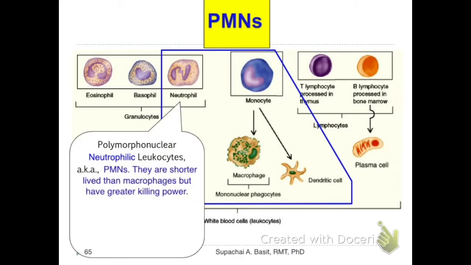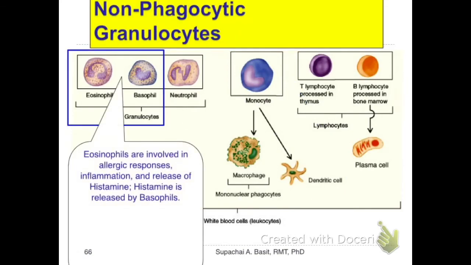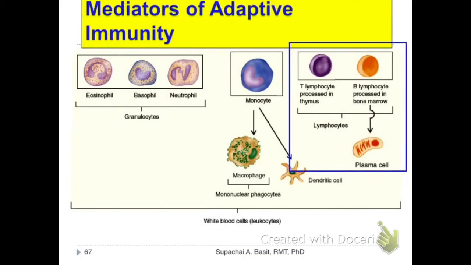The neutrophil, more active, will first go to the site of the inflammation, but they are short-lived. So, eosinophils are involved in allergic response, inflammation, and release of histamine. Histamine could also be released by basophil, but these two are considered as the mediators of adaptive immunity. So we have the T lymphocytes and the B lymphocytes.